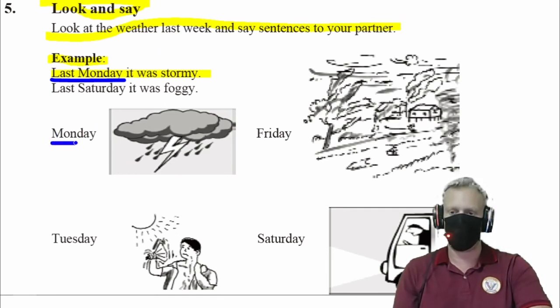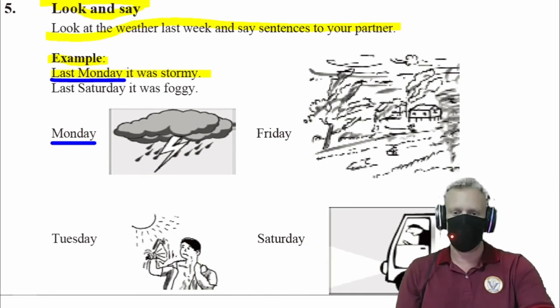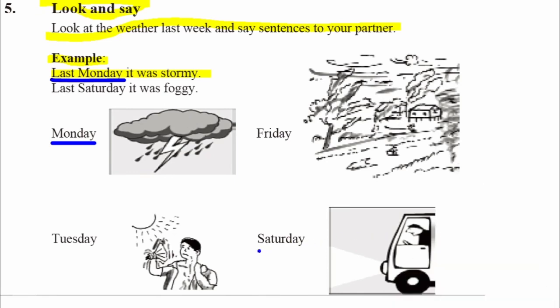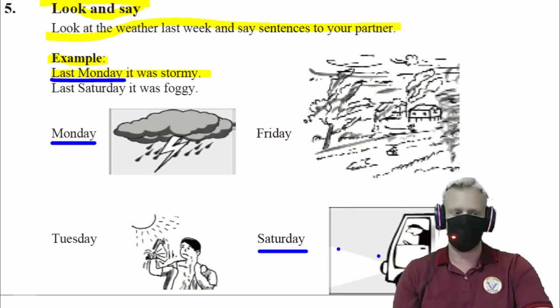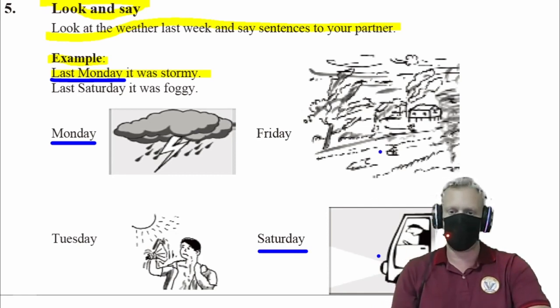Last Monday, it was stormy. That is our example. And here you can see last Saturday, it was foggy. So that is the 2 examples. Let's do Friday together and then Tuesday.